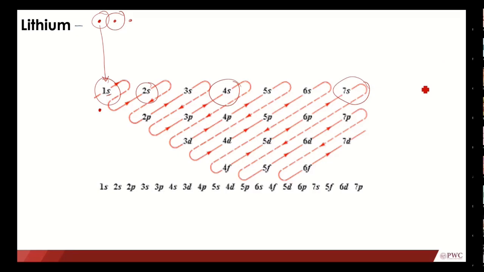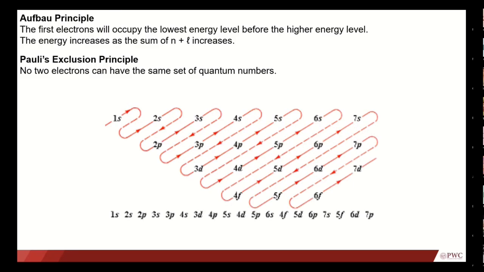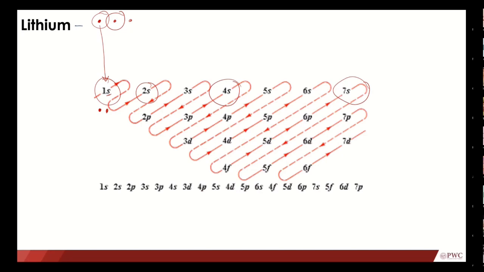Sa first gihapon, sir. Okay, it's still on the first orbital. Pero diba, according here, no 2 electrons can have the same set of quantum numbers. If they occupy the same energy level and the same sublevel, how can they have different sets of quantum numbers? What quantum number is different on these 2 electrons?